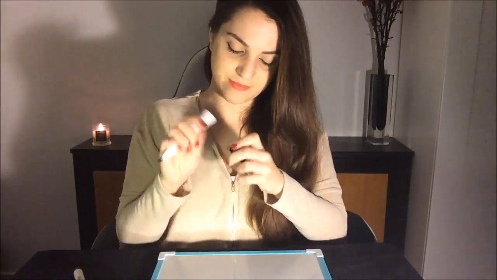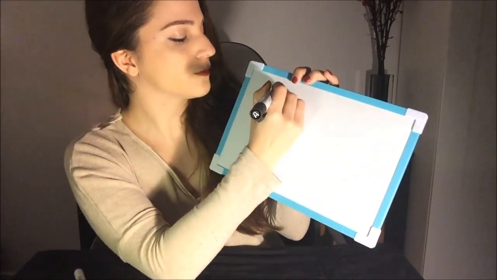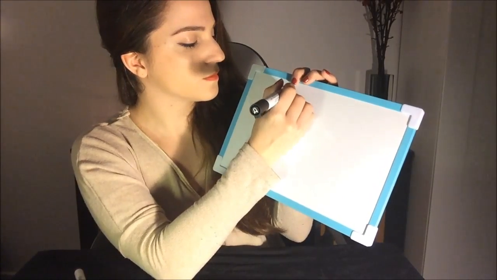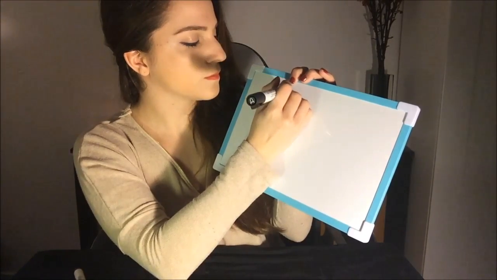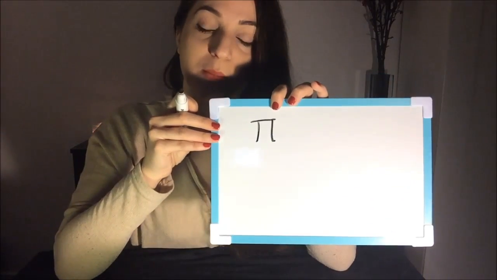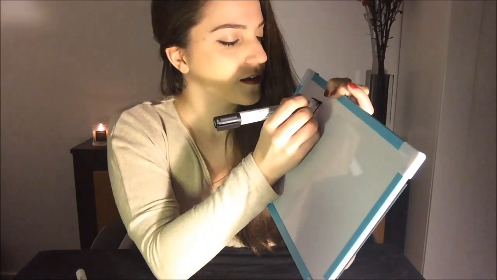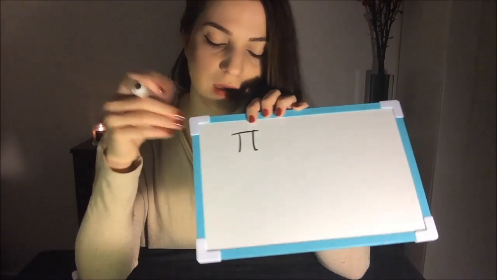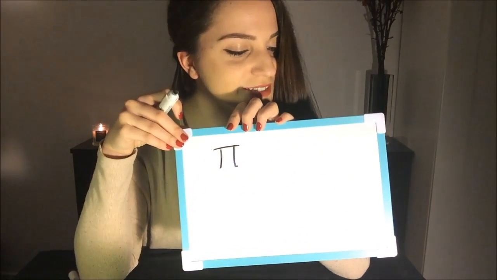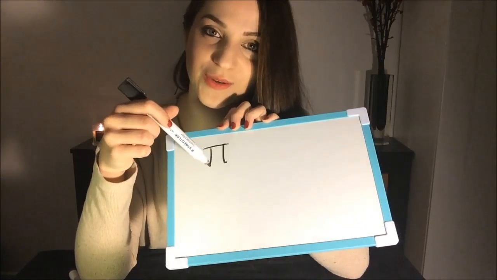So the first mathematical term that has a Greek letter, the most popular one, is pi. Pi is the circumference of a circle.